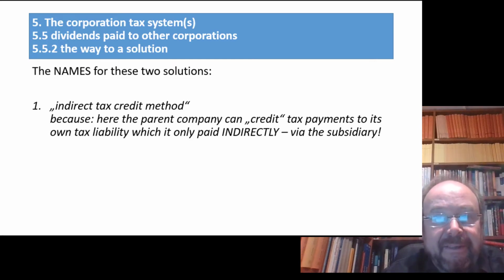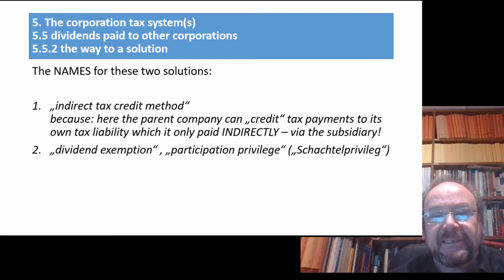Not that the tax credit is given indirectly, but it is given for a tax which P, the parent company, has only indirectly paid or borne, because it was paid by the subsidiary, so by another person, although it has lowered the dividend income which P receives and economically relates to that profit. So that explains the name indirect tax credit method.